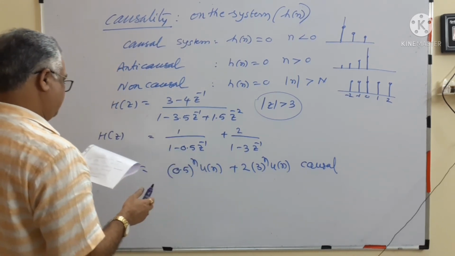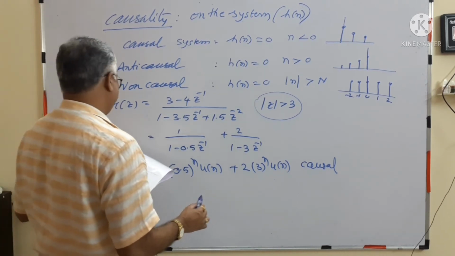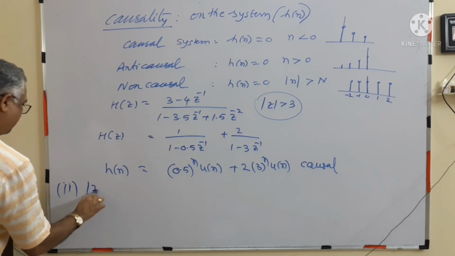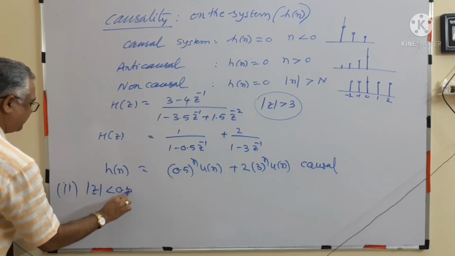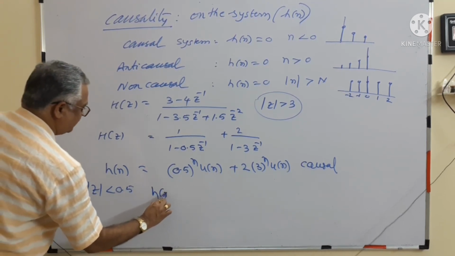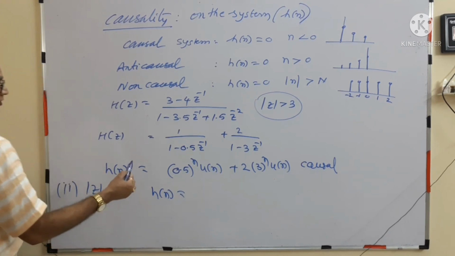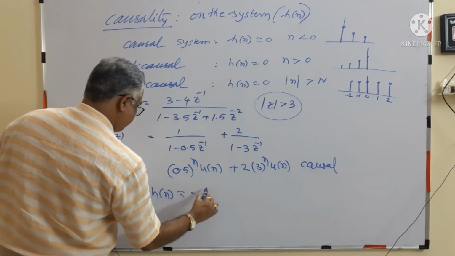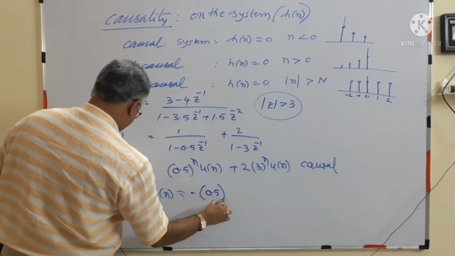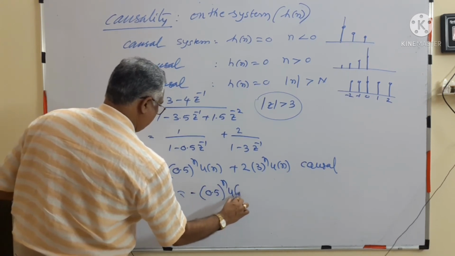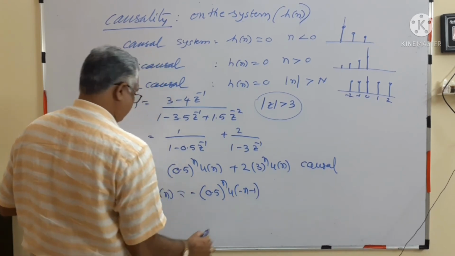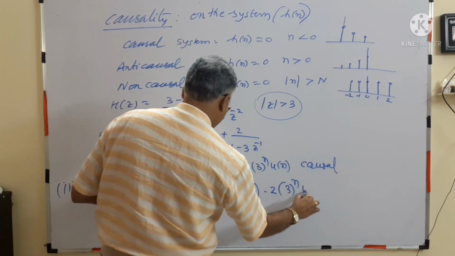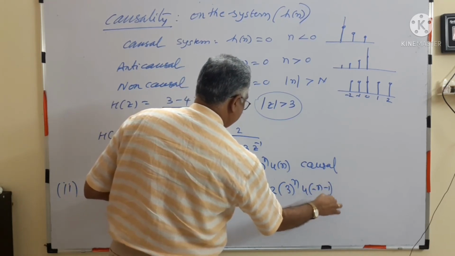Second case, mod z less than 0.5. In that case, what is h of n? When it is less than 0.5 it means a left side sequence. So that answer is minus 0.5 to the power of n u of minus n minus 1 minus 2 times 3 power n u of minus n minus 1.